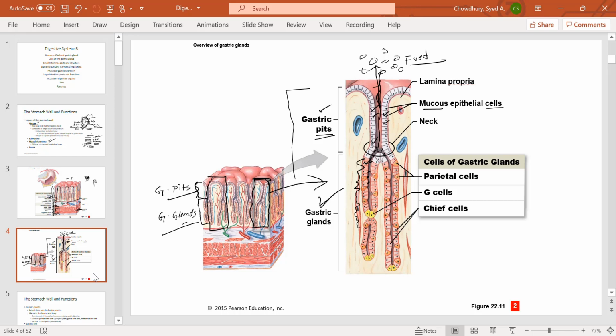Mucus cells secrete mucus, and that mucus is a clear, slippery, thick secretion, and that secretion actually lines the inner surface of the stomach to protect the wall of the stomach, because the food stuff, the chyme here, is highly acidic.